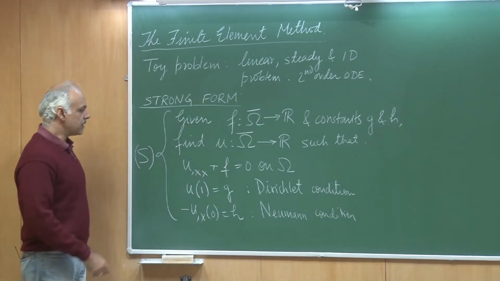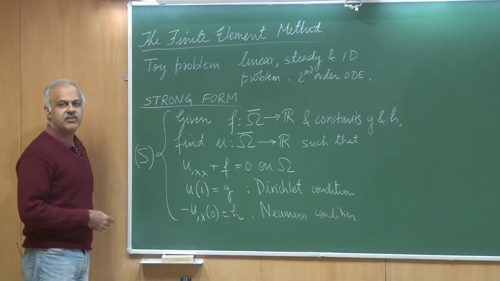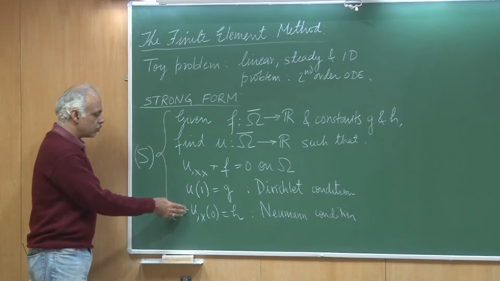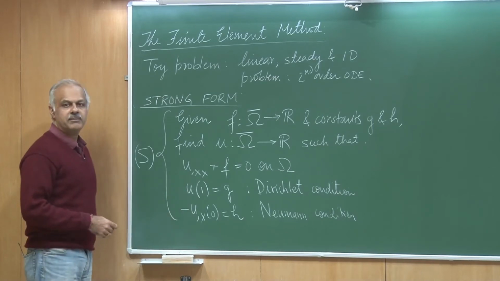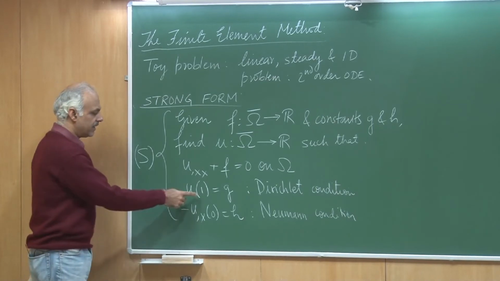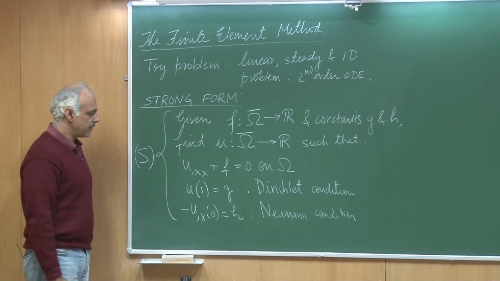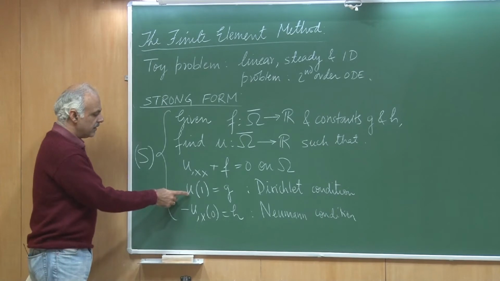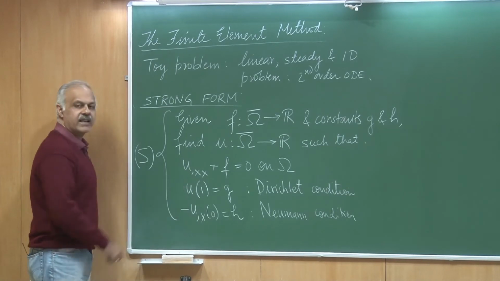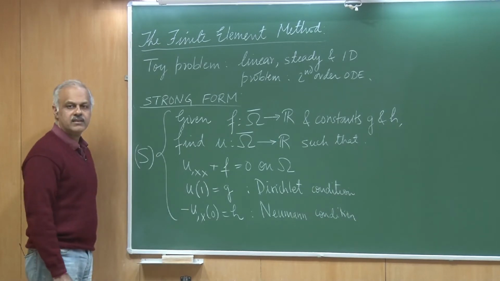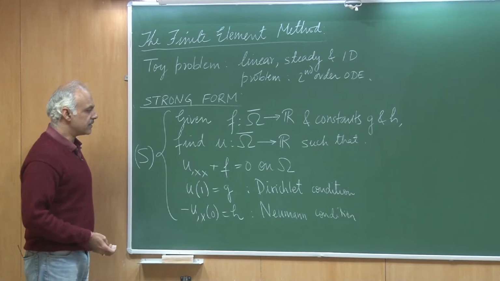Now it is possible that I may have had different sets of conditions. For example, I could have had two conditions both being Dirichlet, one at x equal to 0 and the other at x equal to 1. I could have had these interchanged, that means the temperature specified at x equal to 0 and the flux at x equal to 1, and of course several other combinations.